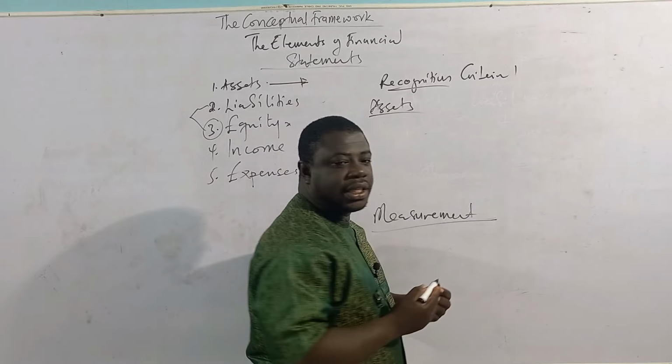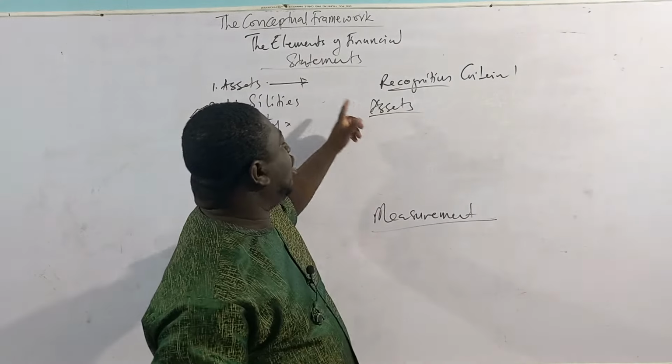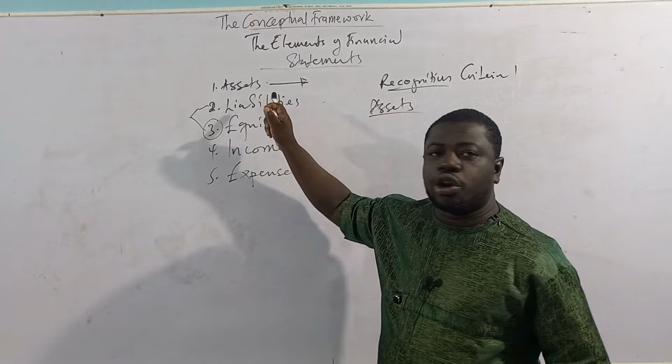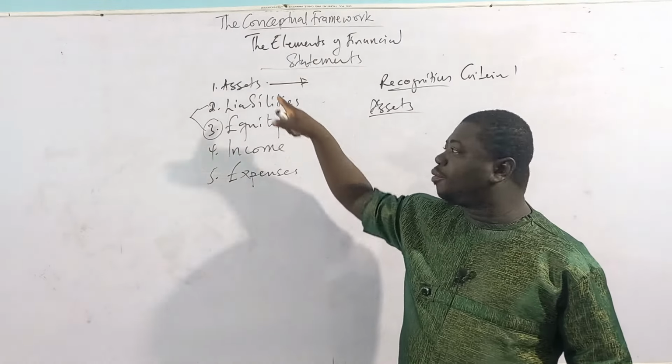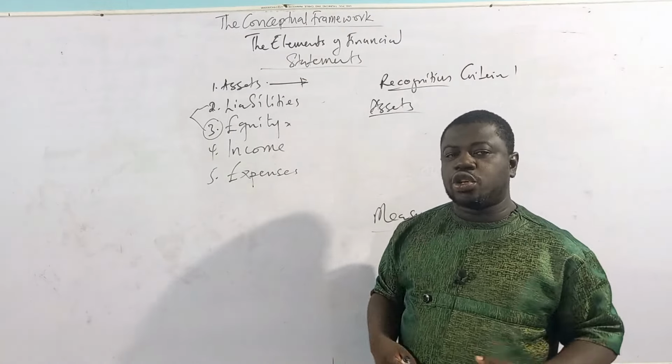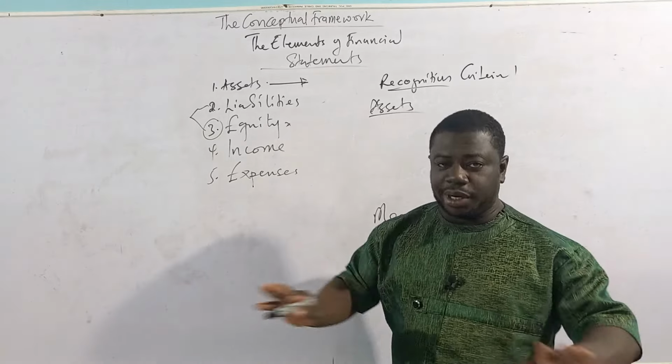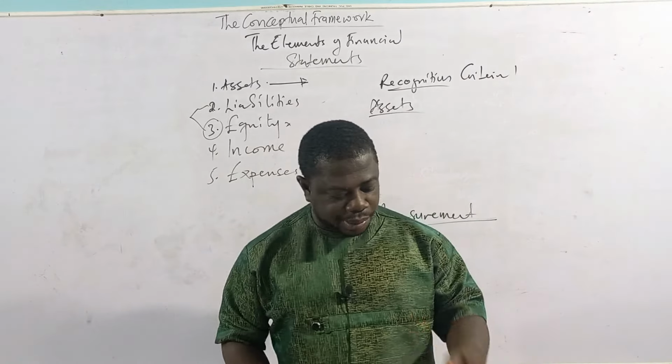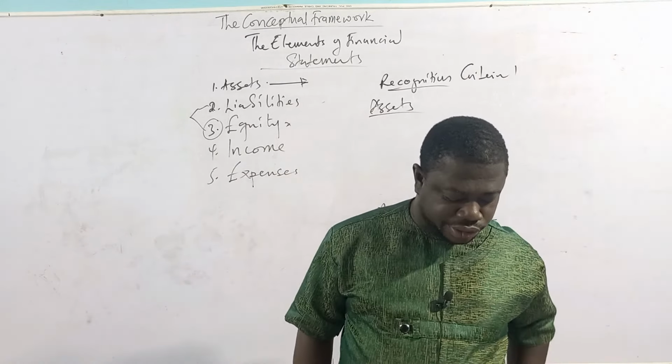The key thing is that there is a high probability that future economic benefits will flow to the entity from the use of the asset, and that the cost of the asset can be measured reliably. Let me put the recognition criteria on your screen.